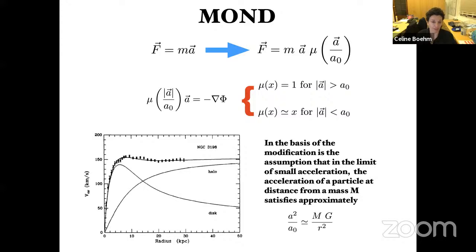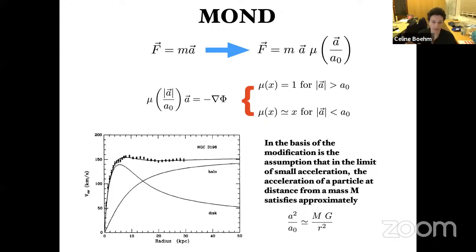There is a lot of astrophysics, and it could be that a local structure changes the value of the reference parameter A0. Maybe I didn't explain that very well, but with Milgrom, if you take it at face value, A0 has one value and it should be universal.